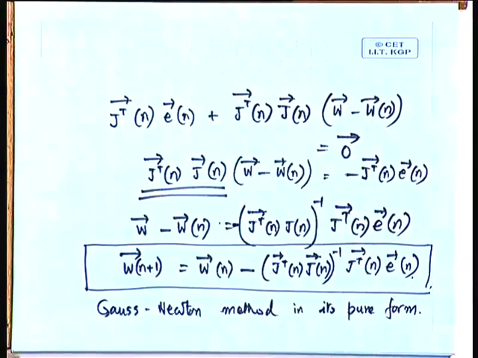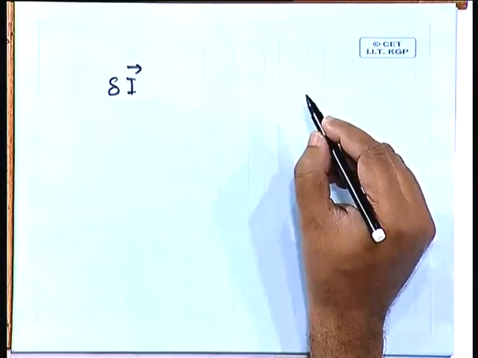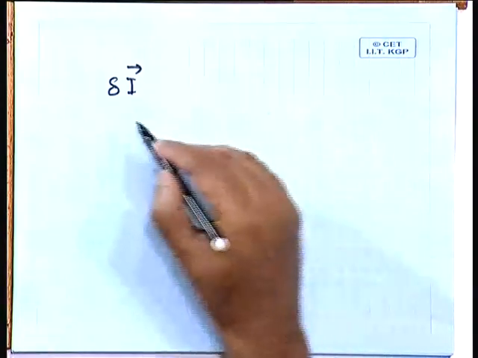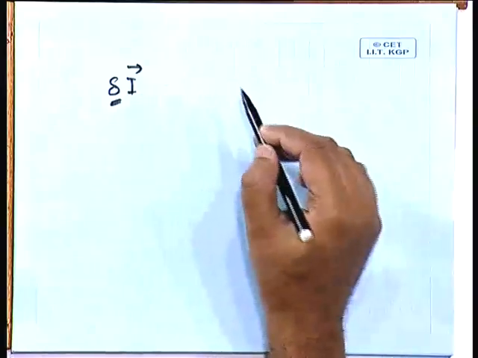In order to correct for the rank deficiency, we simply add something to this product matrix, J transpose J. To that we add a diagonal matrix of the form delta I, I being the identity matrix, multiplied by a constant term delta.